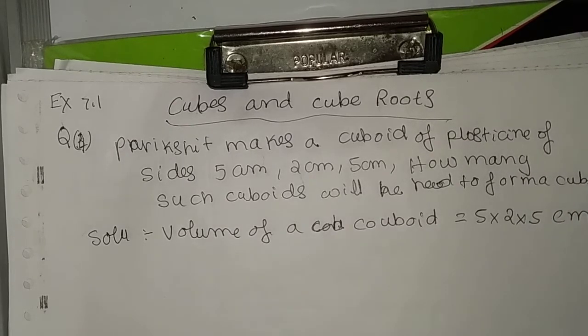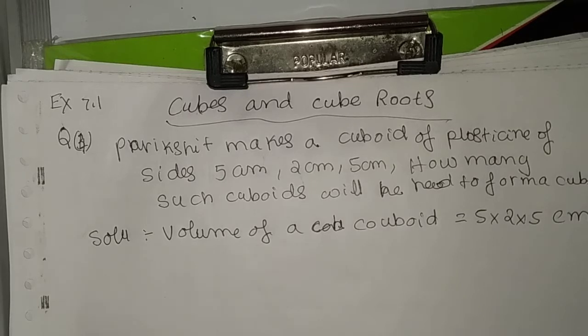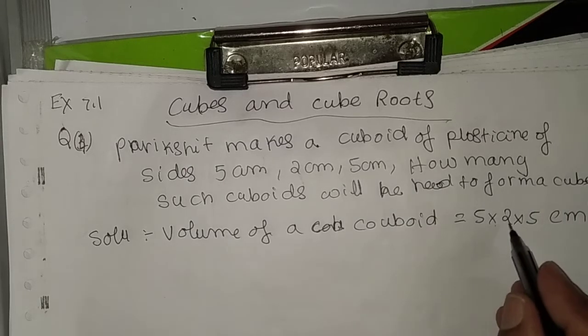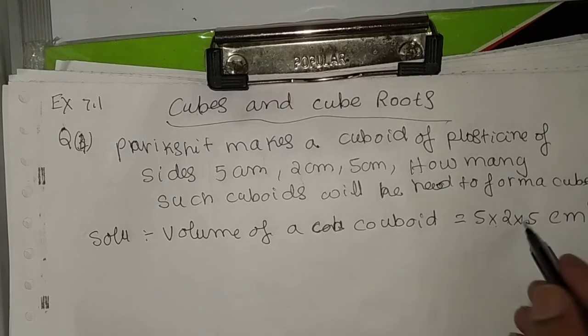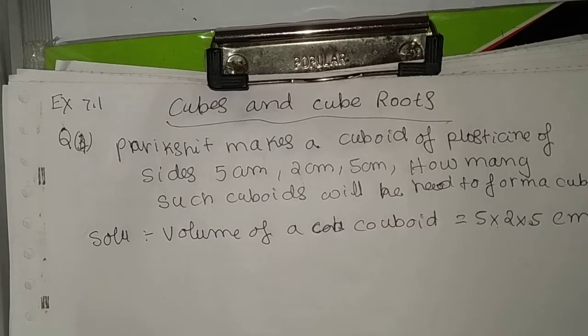Since there is only one 2 and two 5's in the prime factorization, we need two 2's more and one 5 more. So 20 make a perfect cube. Therefore we need 20 such cuboids to make a cube.